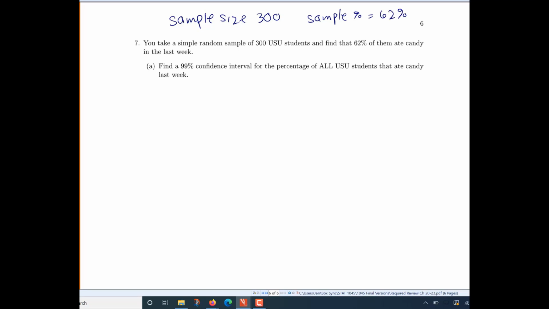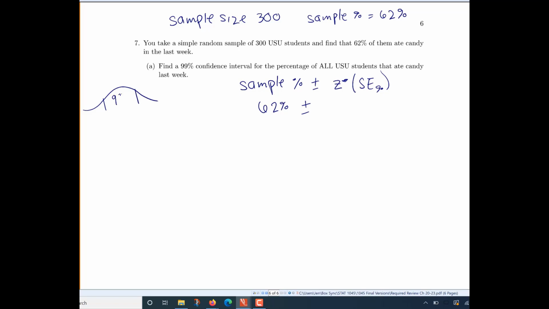Find a 99% confidence interval for the percentage of all the USU students that ate candy last week. So confidence interval is going to be sample percentage plus or minus z star times standard error for percentage. Well, my sample percentage is 62% plus or minus, oh, I don't know z star for 99%.